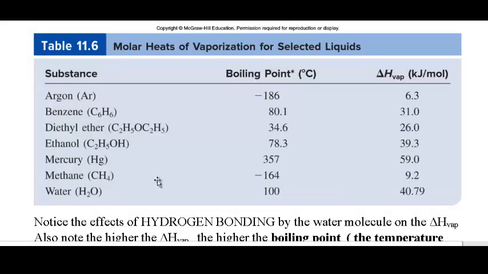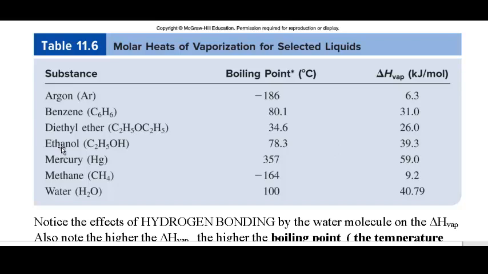So let's take a look at molar heats of vaporization, delta H vaporization. Here we have benzene, held together by nonpolar interactions, with a very low delta H of vaporization relative to the others. Ethanol, with that OH hydrogen bonding, requires 39,300 joules of energy to vaporize 1 mole.